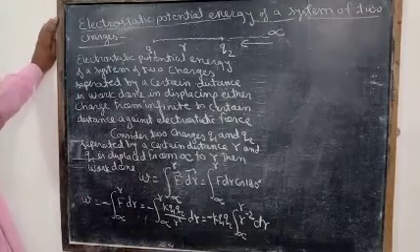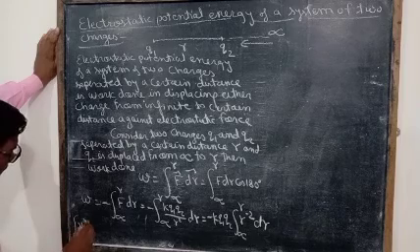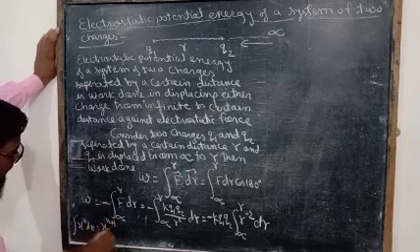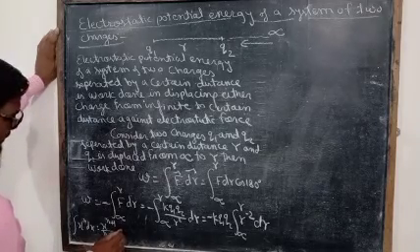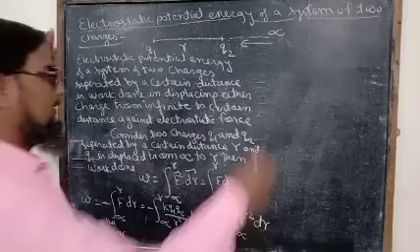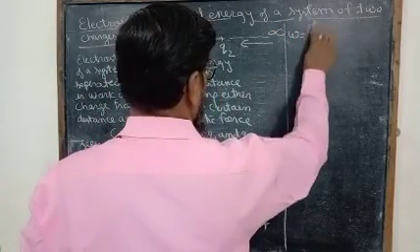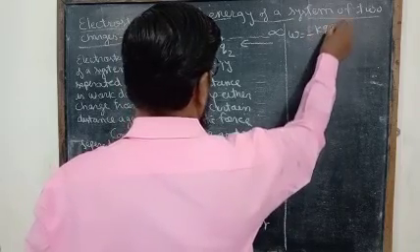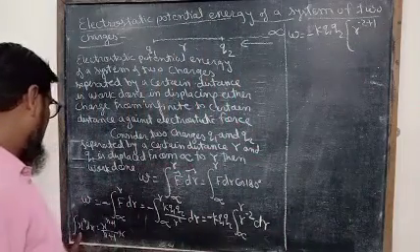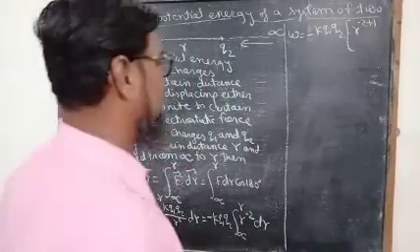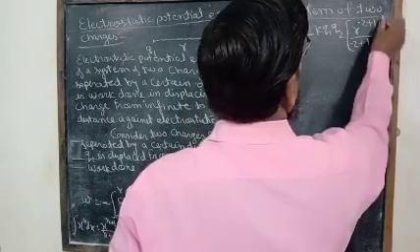We know that the formula of the integral of x to the n dx is equal to x to the n plus 1 upon n plus 1. So the work done W is equal to minus K Q1 Q2 times r to the minus 2 plus 1 upon minus 2 plus 1, from infinity to r.